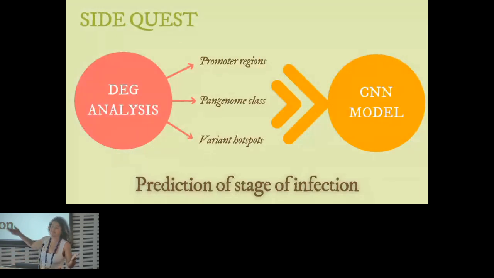And the AI group. So we want to use the promoter regions, the pangenome classes that we already have, and variant hotspots in order to train a convolutional network to see if we can predict the stage of the infection that a sample comes from. So yeah, I kind of already said the takeaways.